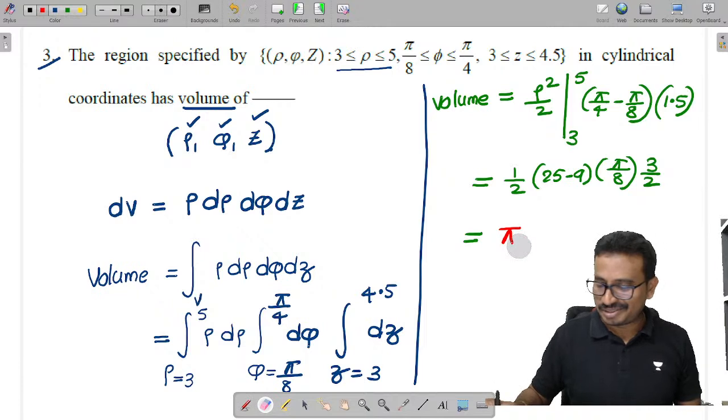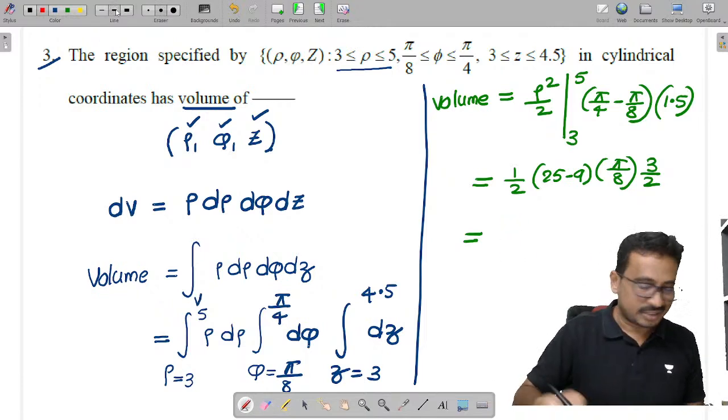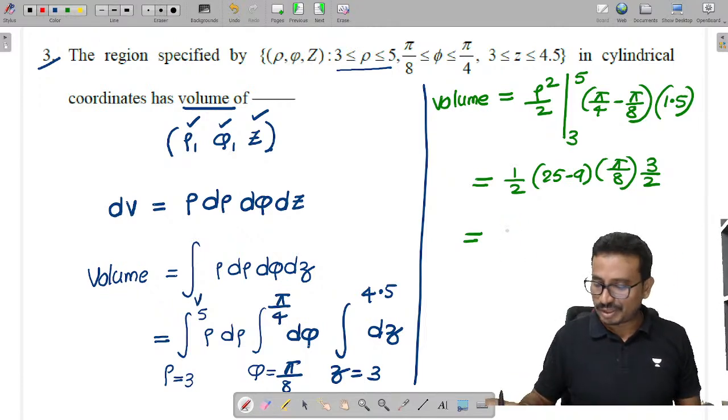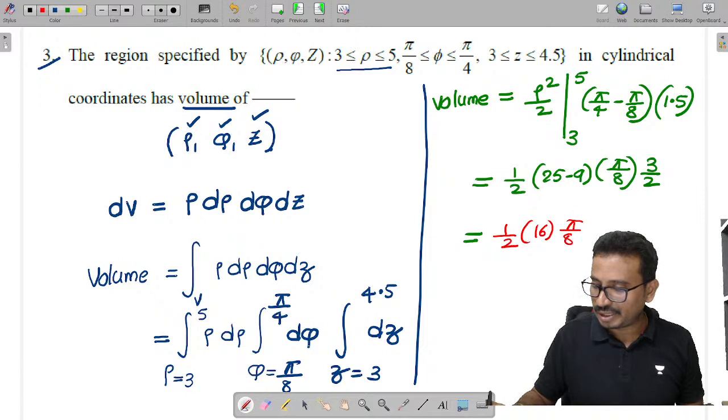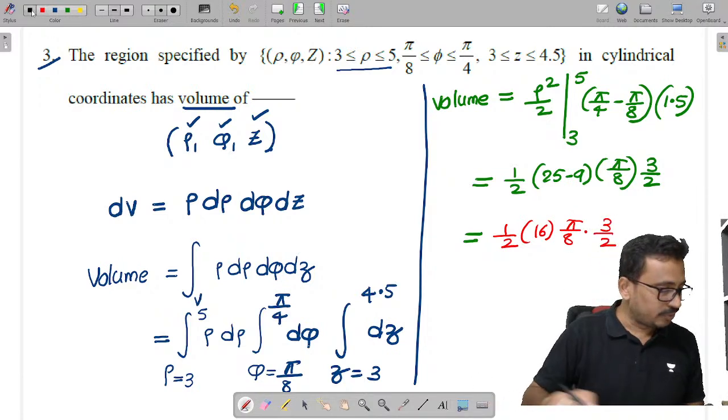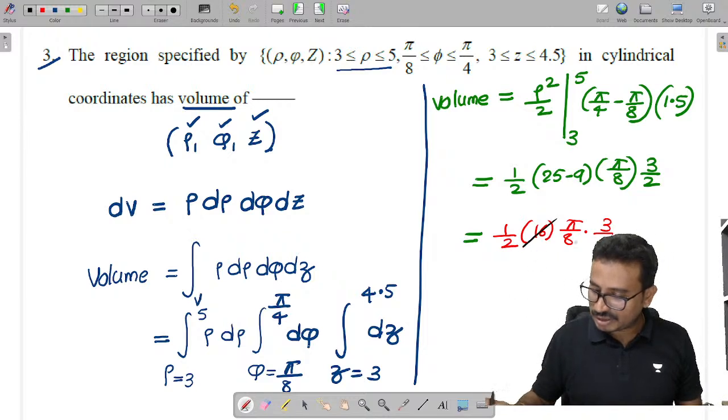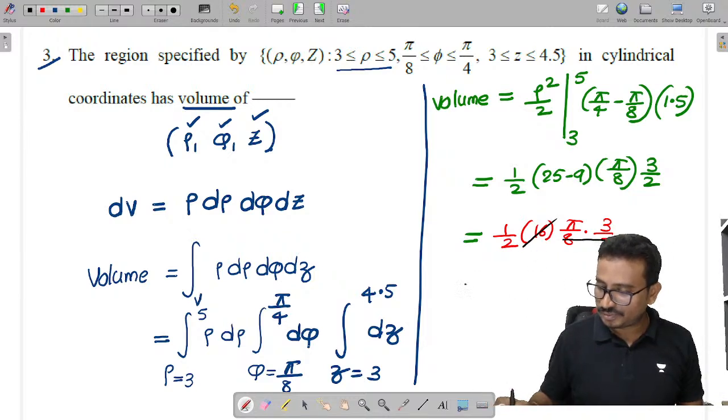Calculation is 1 by 2 into 16, into pi by 8, into 3 by 2. 16 cancels, so the answer is 3 pi by 2.